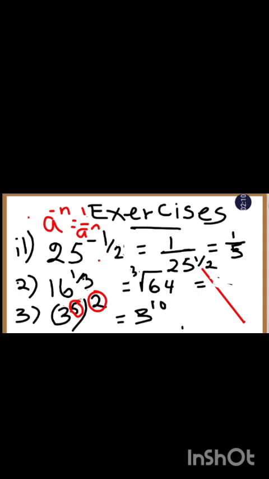And if it was 2 over 3 instead of 1 over 3, if there were 2 here, it will be the cube root, all that squared. So the cube root of 64 here will be 4. If it was 2 over 3, it will be 4 now squared.